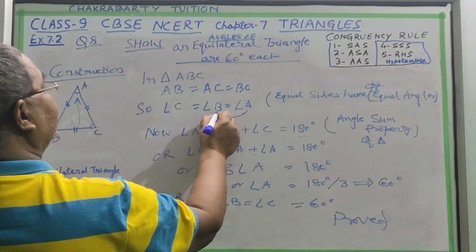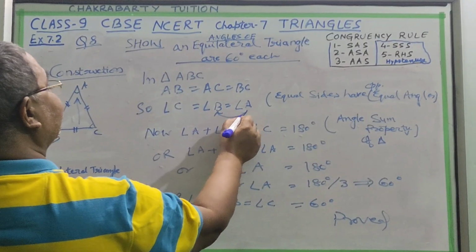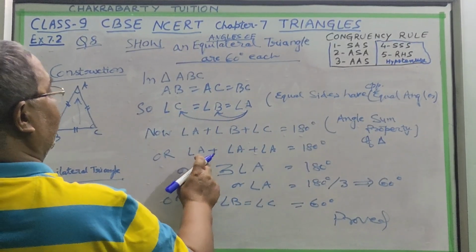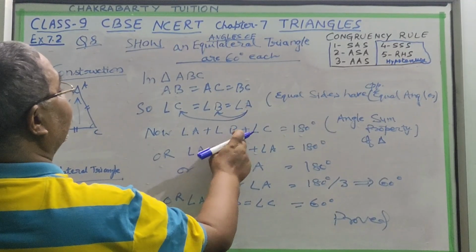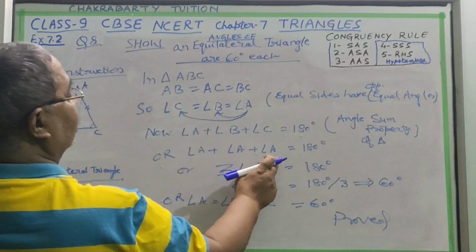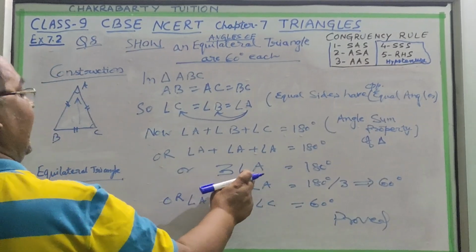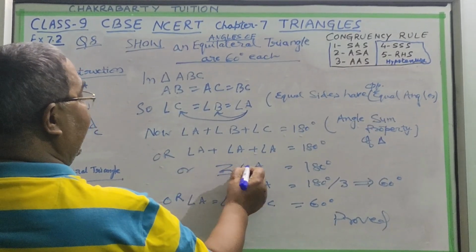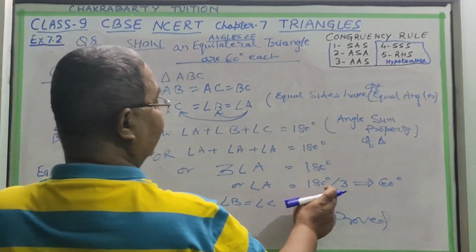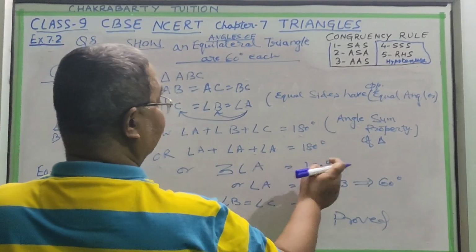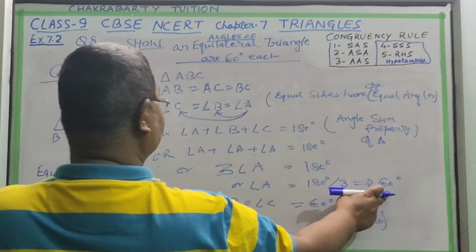A is equal to B and A is equal to C also. So in place of B and C we can write angle A. So this three times angle A is equal to 180 degrees, or angle A equals 180 divided by 3. It comes to 60 degrees.